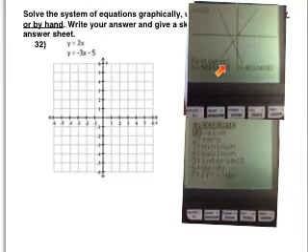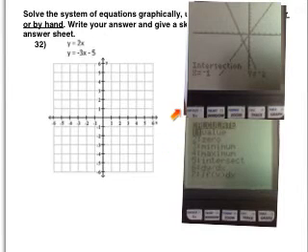You push enter again, and it'll give you your points for the intersection. So the point of intersection, this point right here, is -1, -2. So -1, -2, point of intersection.